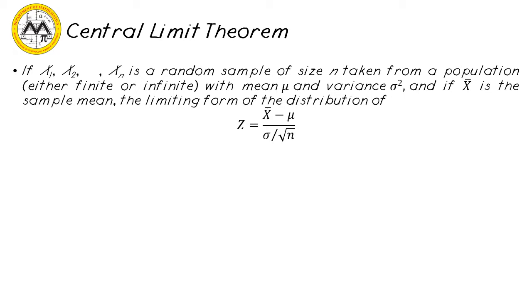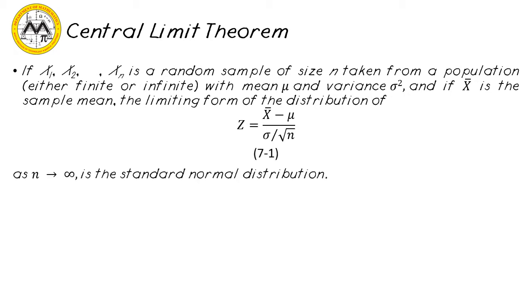This comes from the standardizing formula for the normal distribution, x minus mu over sigma. Since sigma of x bar is sigma over square root of n, this would now be the resulting formula. So as n approaches infinity, as n becomes relatively large, it approaches a normal distribution.